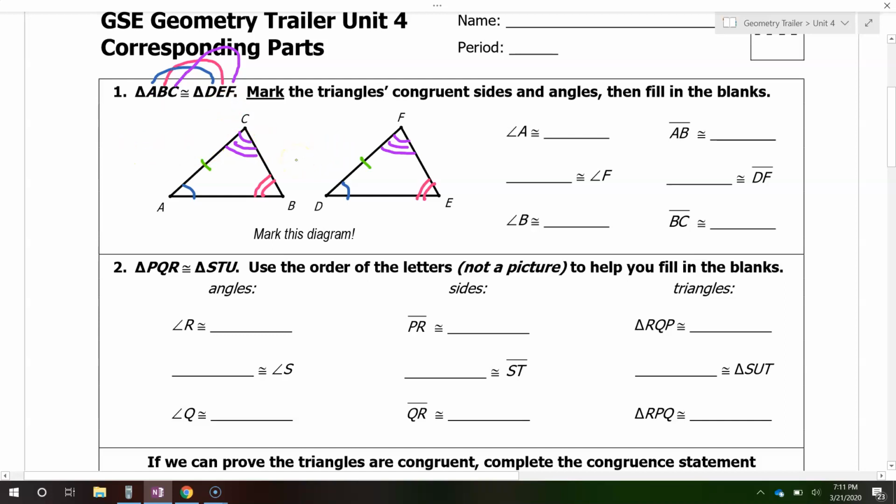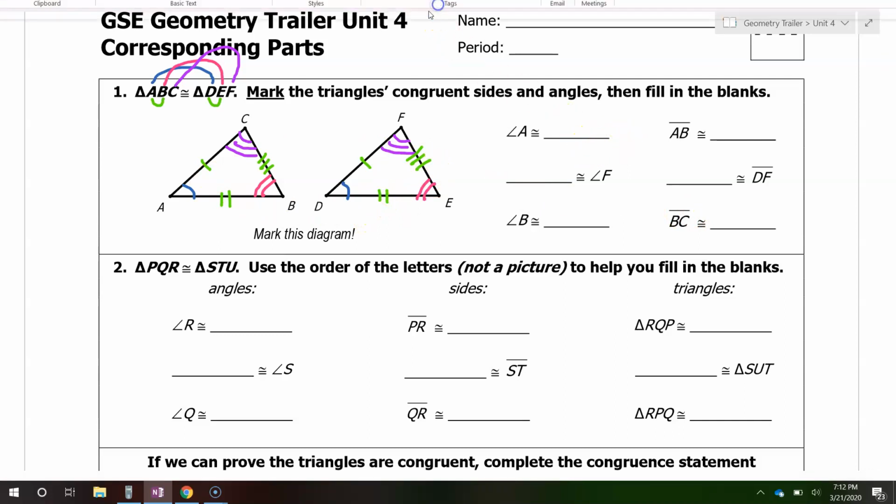And in a similar way, I could say that side AB is congruent to side DE. And one more time, I could know that side CB is congruent to side FE. So that's how I show all that.